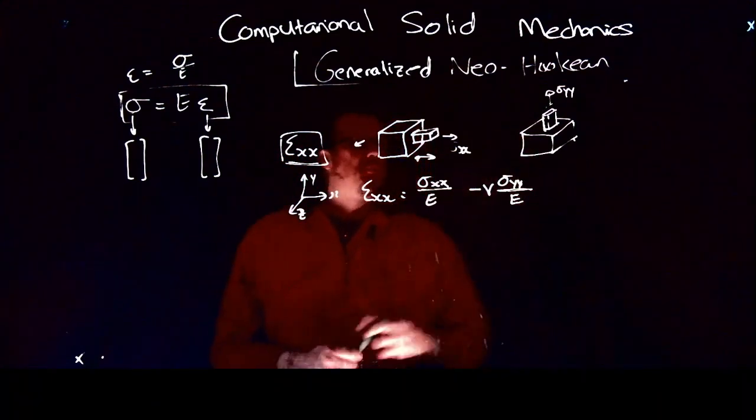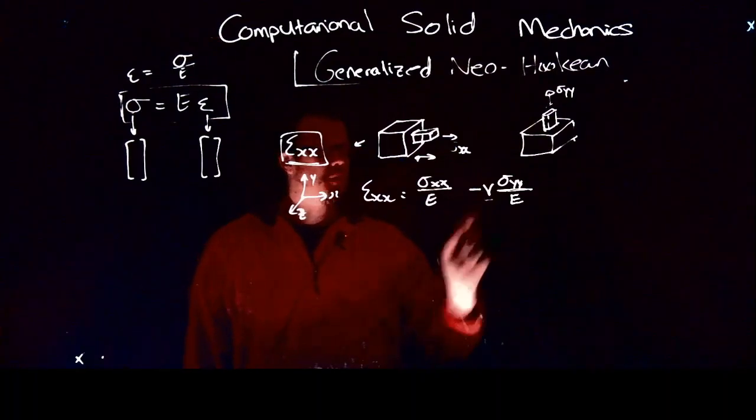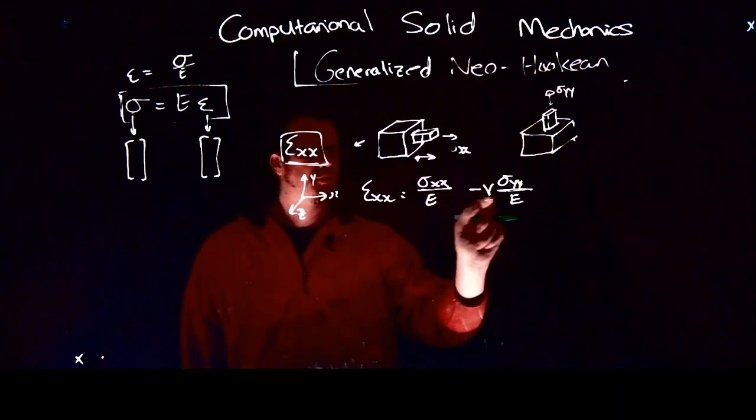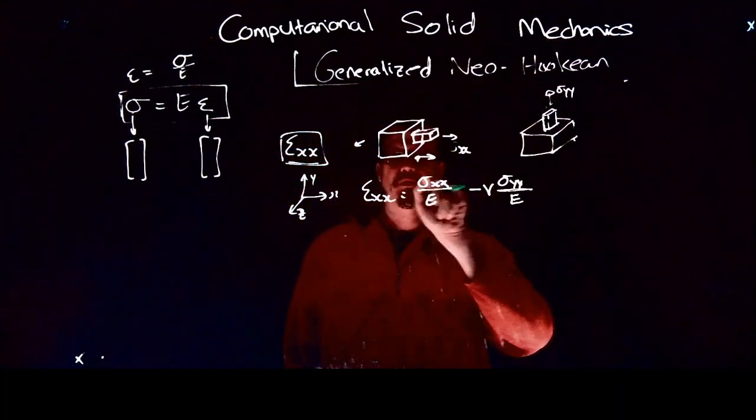So this is just to make sure that we're comfortable with the Poisson's ratio. Here we can see the two things that I need to know about a material to map strain to stress.